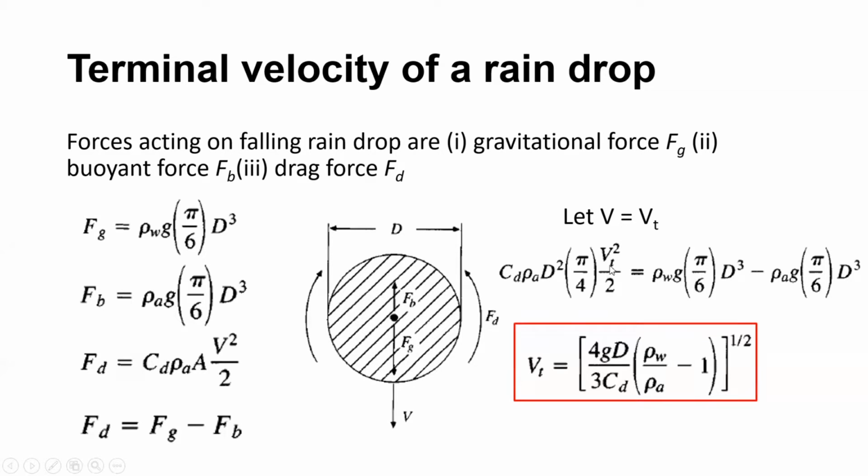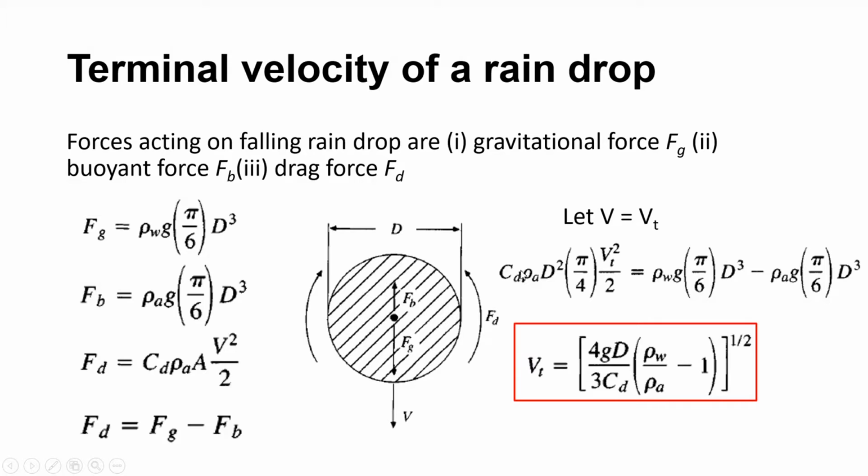From this equation, we don't know the terminal velocity. All other terms are known, because CD is the coefficient of drag, which is found experimentally for a spherical shape of object.